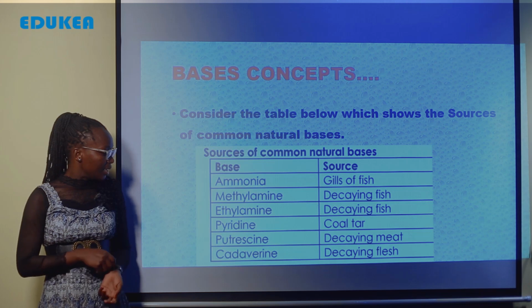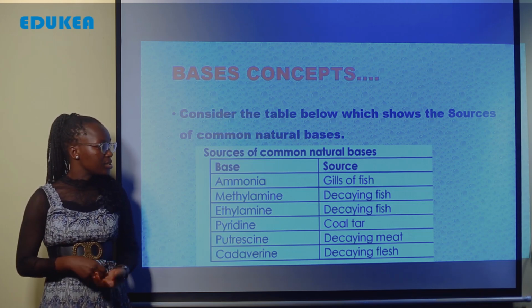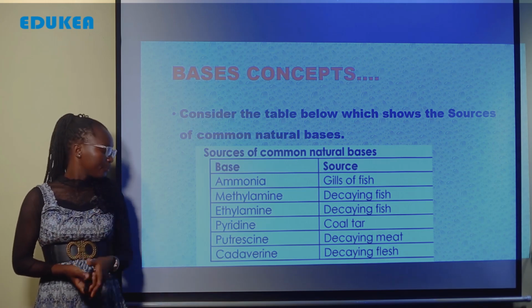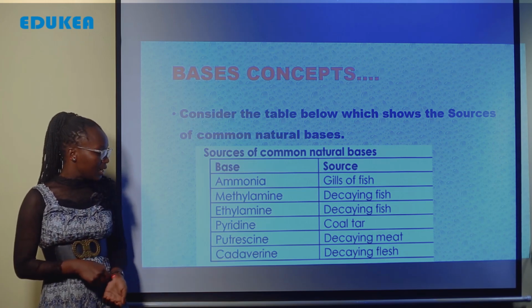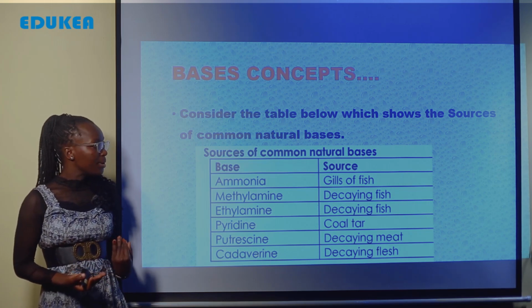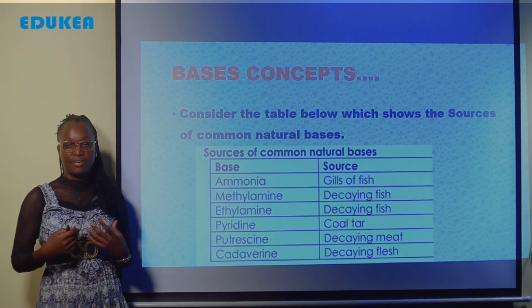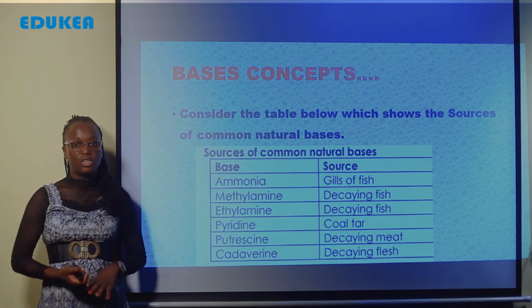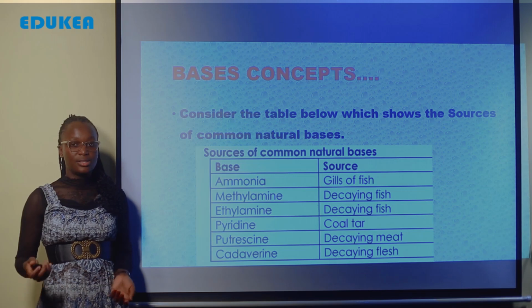This is from decaying meat, nyama zilizooza, maozo ya nyama. Another is cadaverine base. This is a natural base whose source is decaying flesh. The flesh, decaying flesh ambazo zimeshakuwa decayed, zinapelekea hii natural base which is cadaverine.